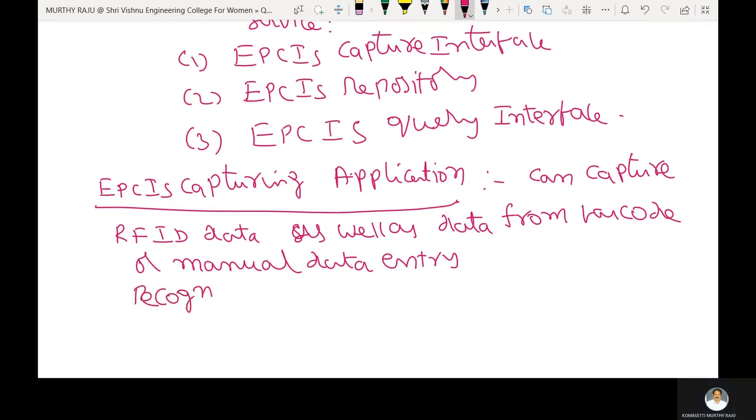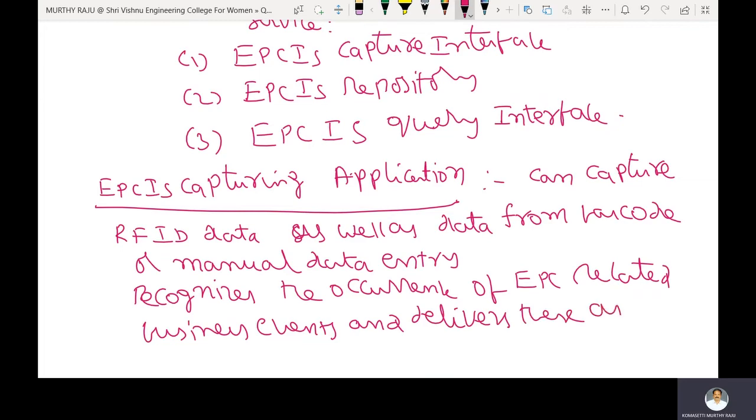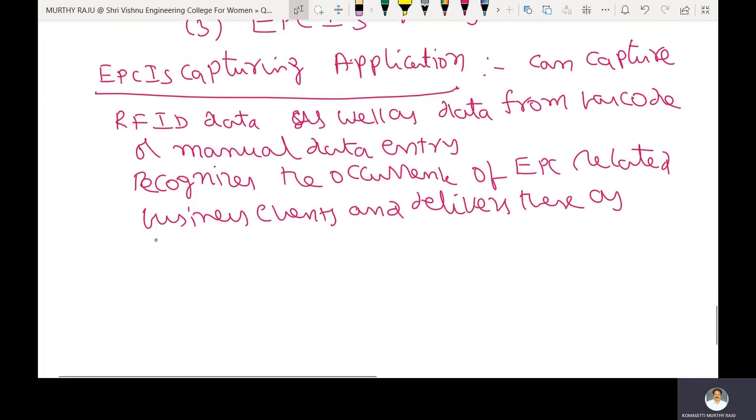The EPC, Electronic Product Code, is encoded on the tags.